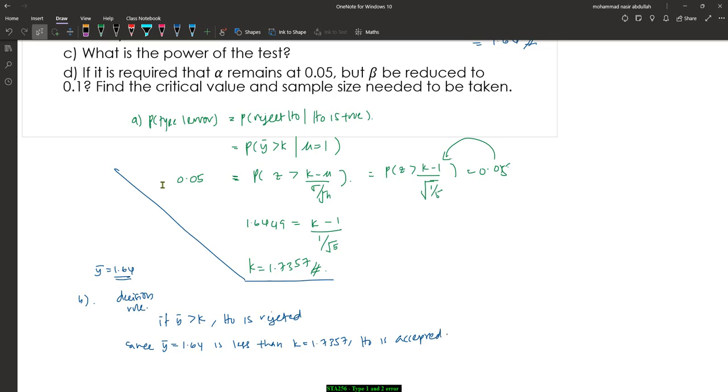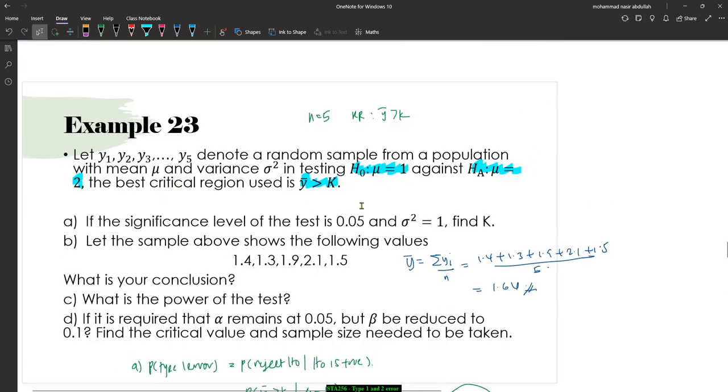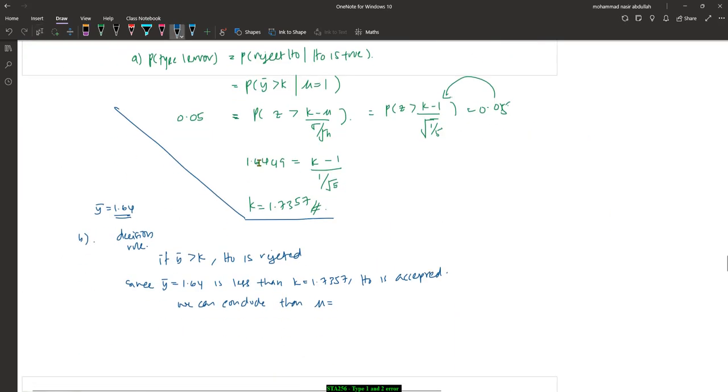And then we can conclude that mu equal to berapa? Mu is equal to 1 lah. Okay, boleh, right?